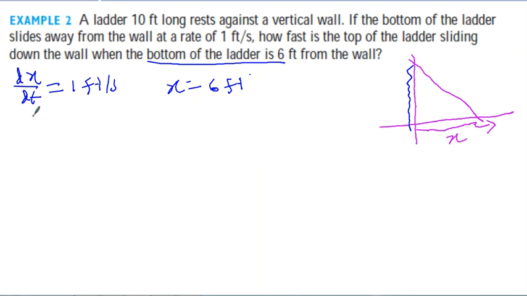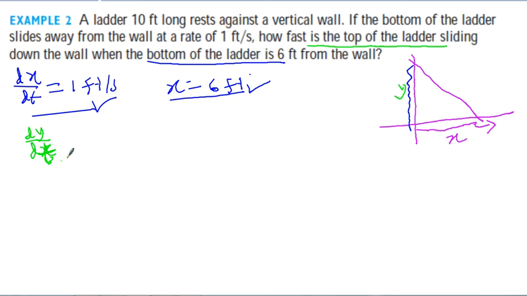Now these are the two things given, one is this, another is additional information. Now what to find out? We need to find out how fast the top of the ladder is sliding down. Suppose this is y, so I need to find out dy by dt.